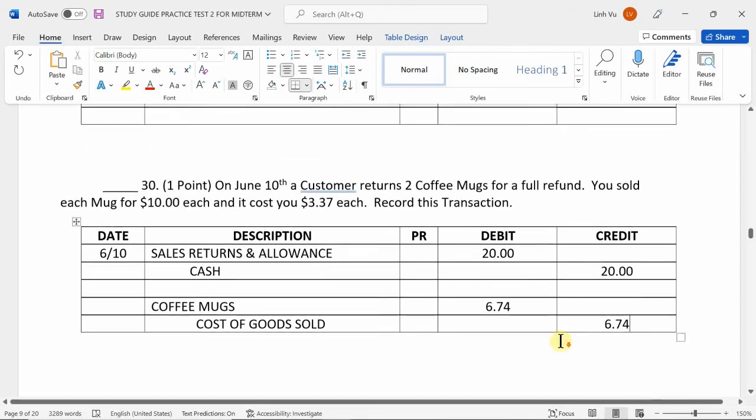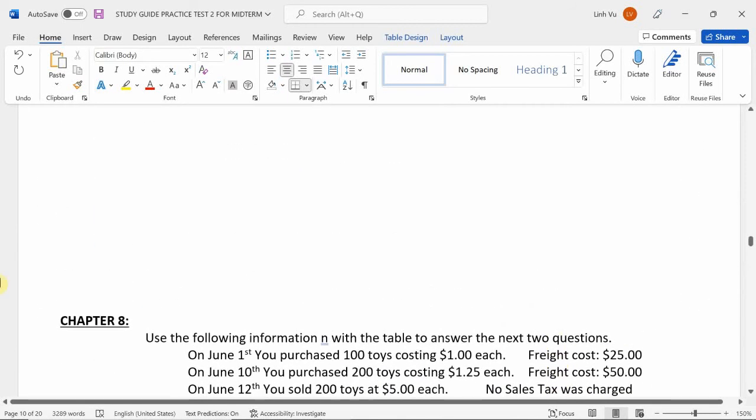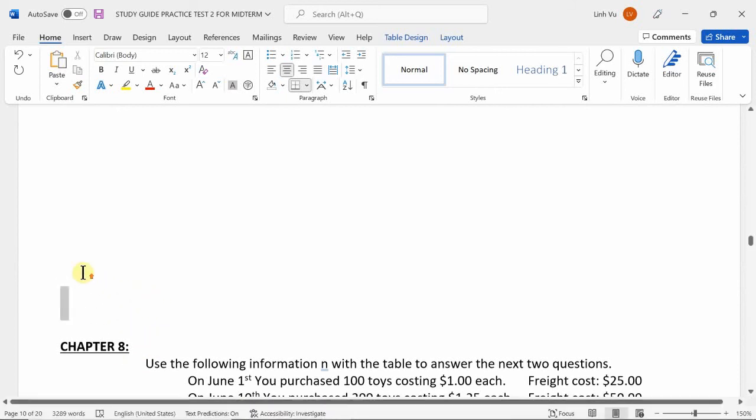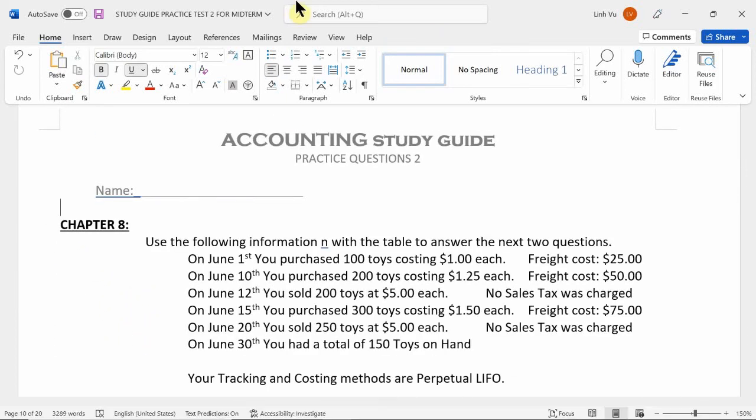Okay. All right, so now we're moving on to Chapter 8, Territory. So this is going to be us practicing our inventory worksheets here.